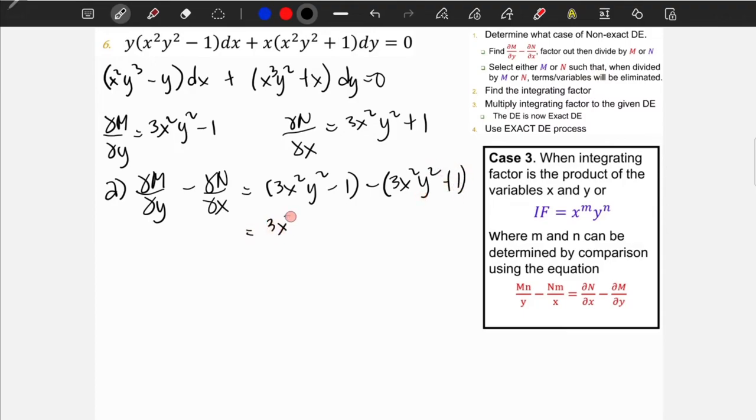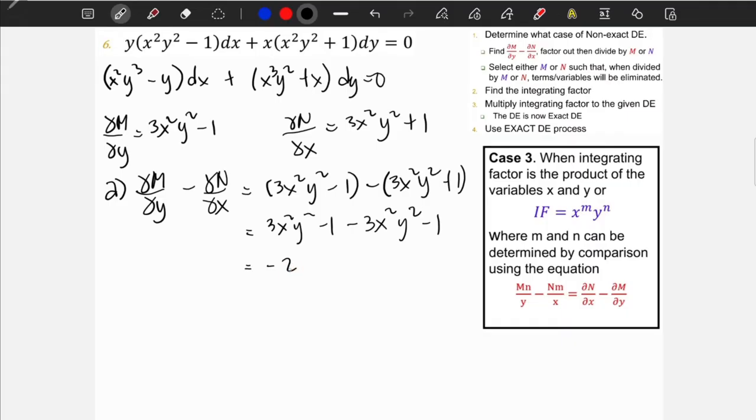We copy 3x squared y squared minus 1 and we will distribute negative to this expression. Negative times 3x squared y squared is negative 3x squared y squared. Negative times 1 is negative 1. Add like terms, 3x squared y squared minus 3x squared y squared is 0. Negative 1 minus 1 is negative 2.